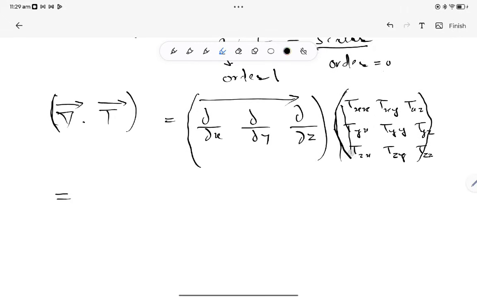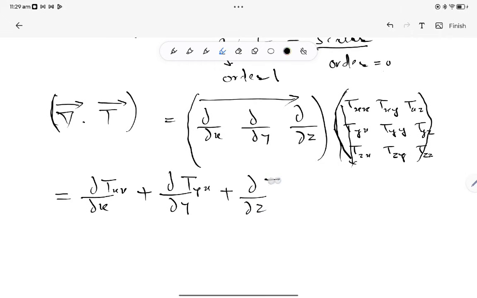This goes with this. For example, you will get del by del x Txx, then del by del y Tyx, then del by del z Tzx, and so on. This will be the first term.